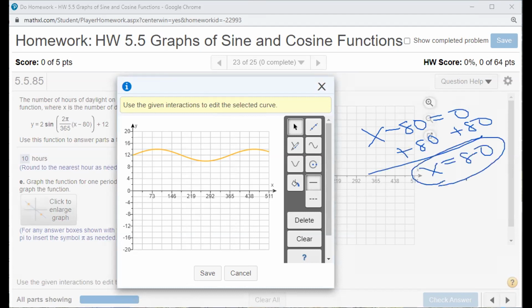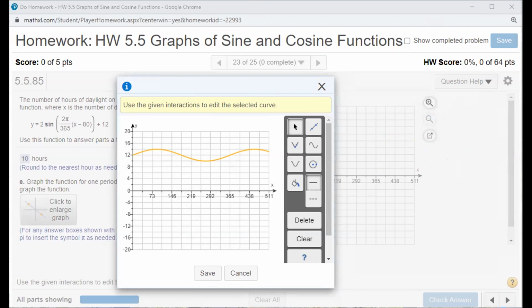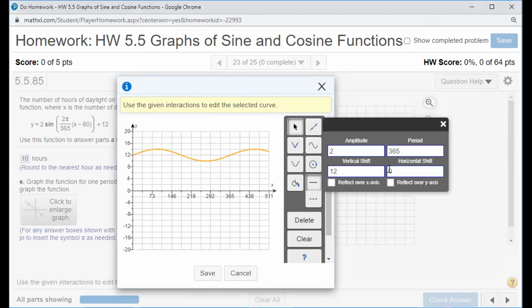So you would put that in, and I think that would give us the correct graph. Okay, so our horizontal shift is 80. There's a graph, so it fluctuates from 10 hours all the way to 14, and just goes back and forth.